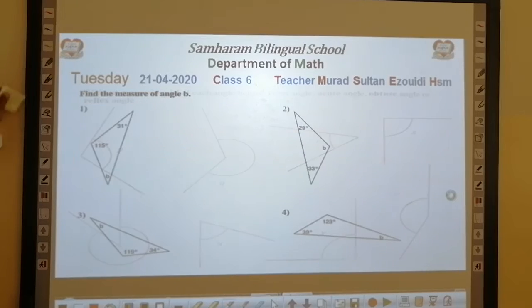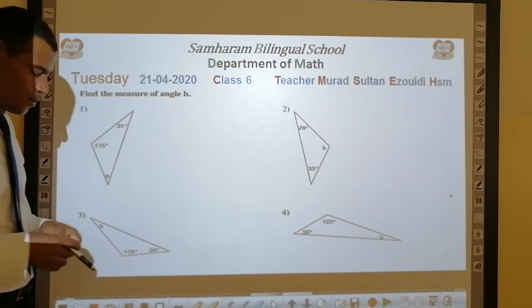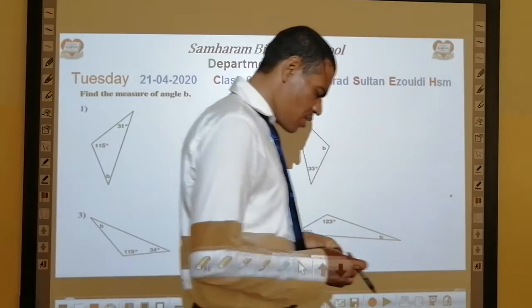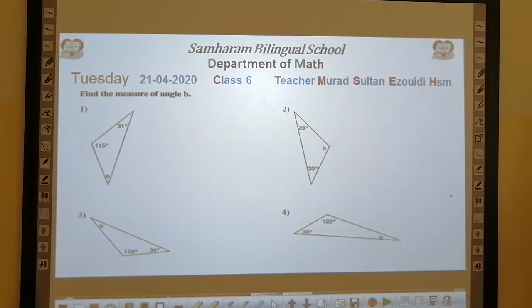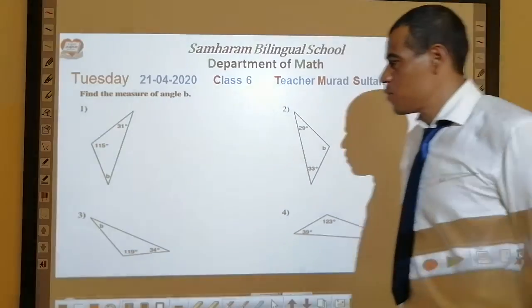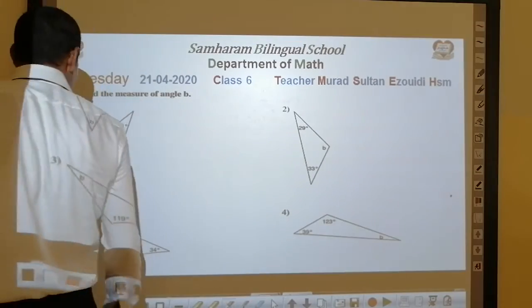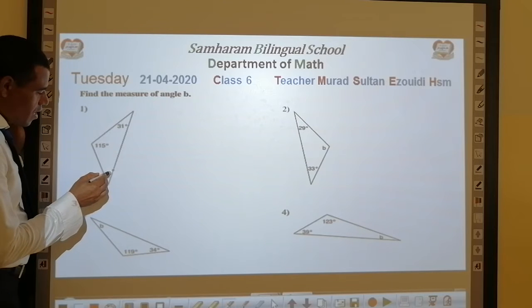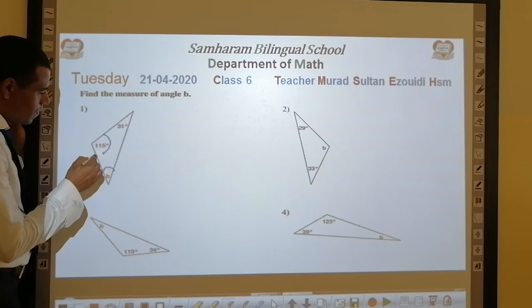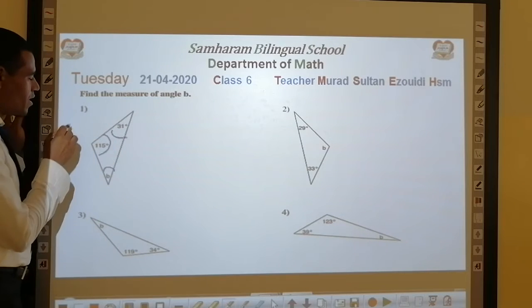Now, find the measure of the angle B. Okay. So, you already know the angles in a triangle add up to 180, and the angles in a quadrilateral add up to 360 degrees. Now we have some questions dealing with finding the letter B. So this angle plus this is 180 degrees.